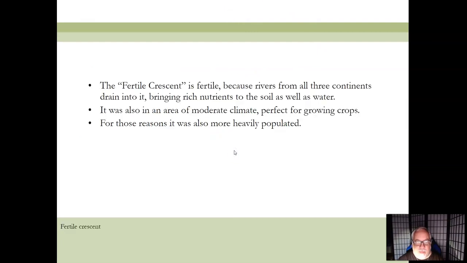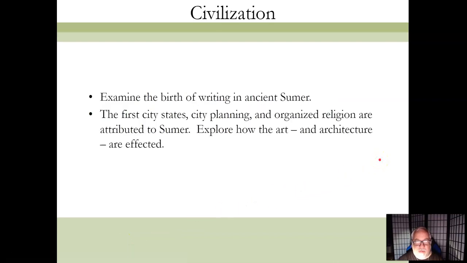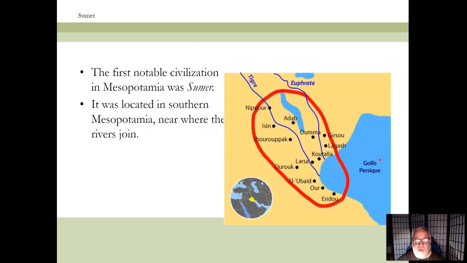I'm trying to get my pointer up. Okay, so the area that we're focusing on at the beginning is this tiny little area circled here in red. That's called Sumer.